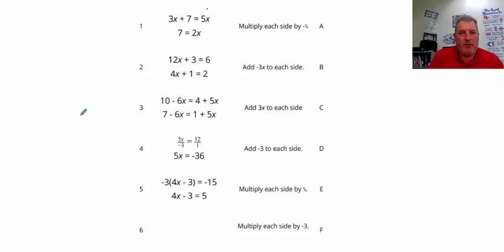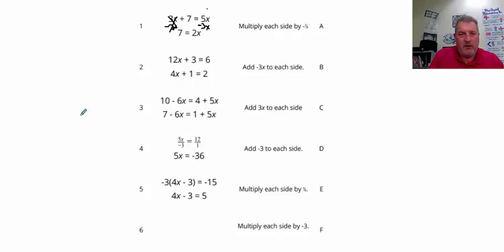Okay, for this one, 3x plus 7 is equal to 5x. It looks like they subtracted, remember the hangers, these are like 5 squares, right? It looks like they took away 3 squares. They took away 3x, so minus 3x. And that left us with 7 is equal to 2x.